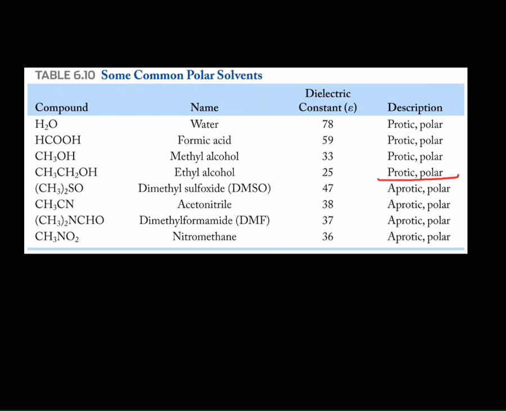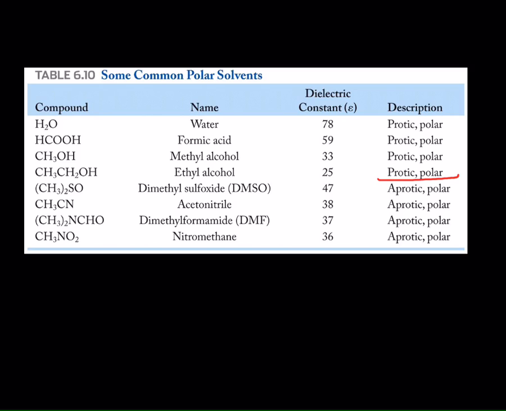As a matter of fact, DMSO has a dielectric constant of 47, so it is more polar than methanol. It's more polar than ethanol. But it doesn't have hydrogen bonding, and therefore we call that an aprotic solvent, right? So that's a type of classification of polar solvents.